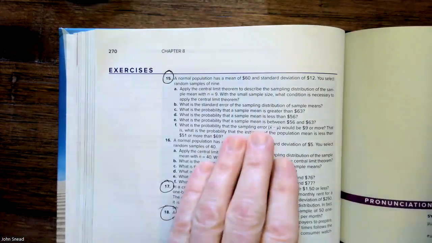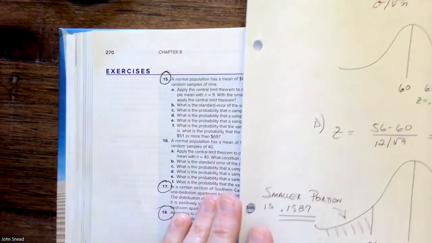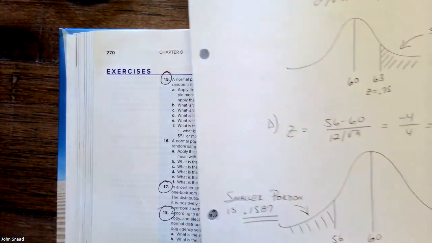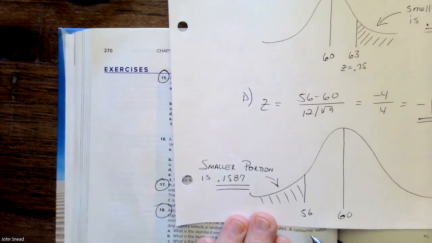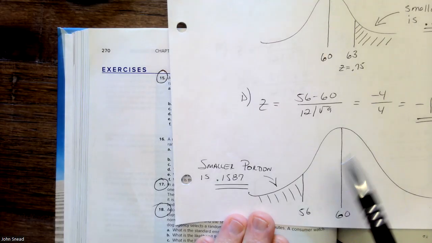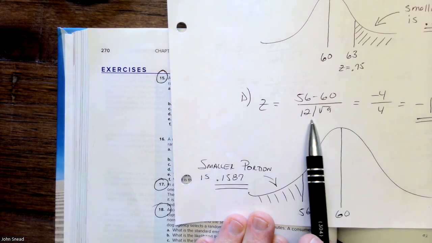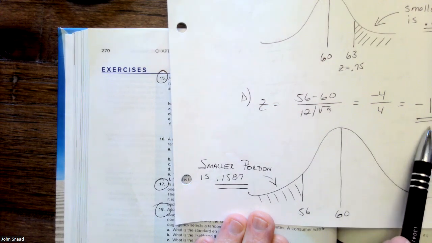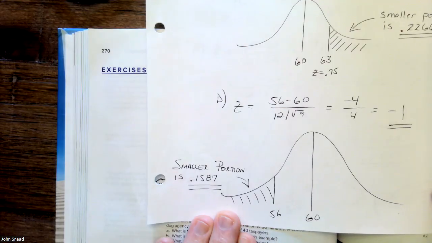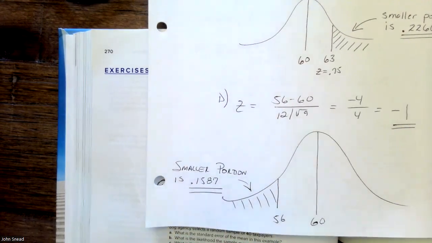For D, what's the probability that the sample mean is less than 56? So I've got this graphically shown here. We've got less than 56. So we're going to take 56 minus 60, which is -4, over the standard error of 4, and we get a -1. So we're going to go to a z-value of 1.